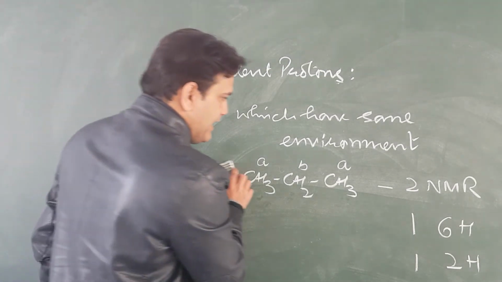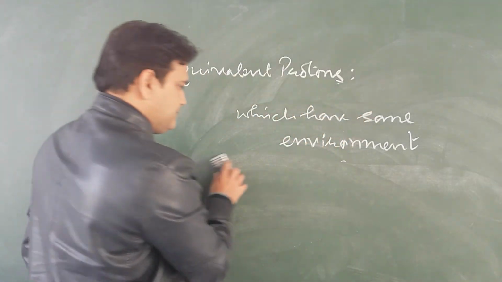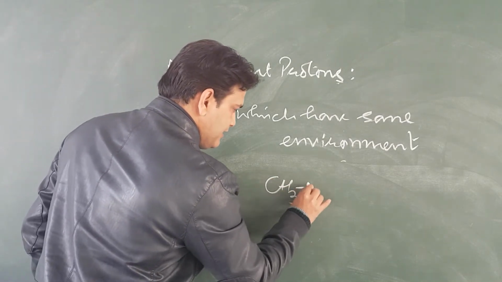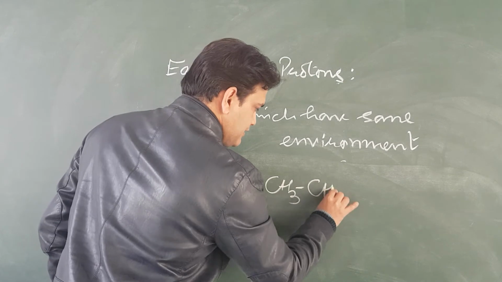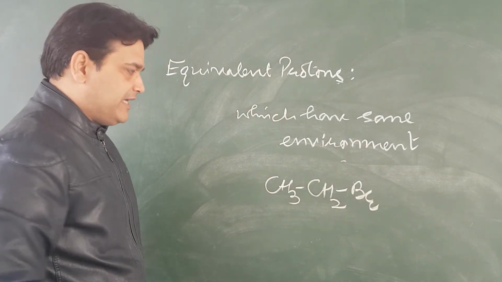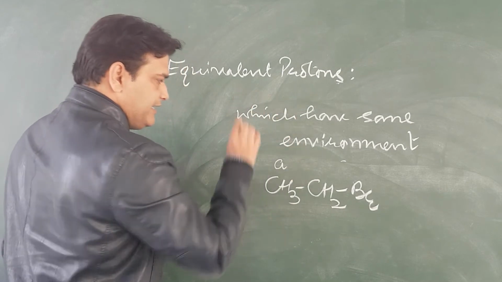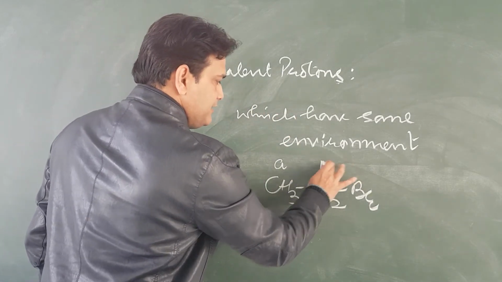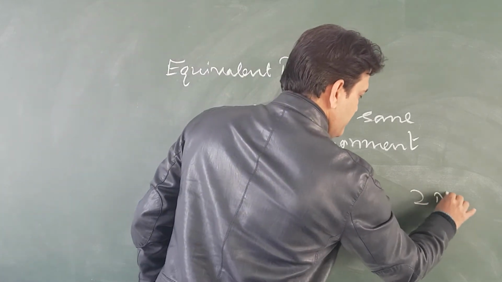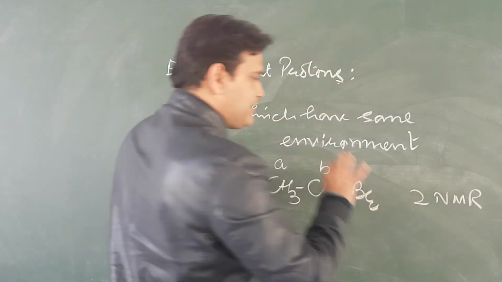Suppose we have CH3, CH2, Br, then obviously it is A type, it is B type, so there will be 2 NMR signals.